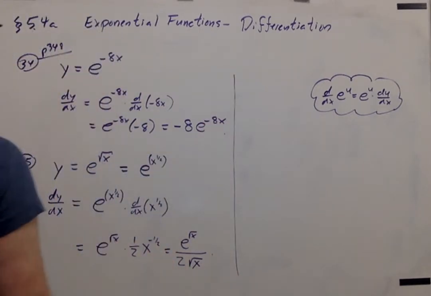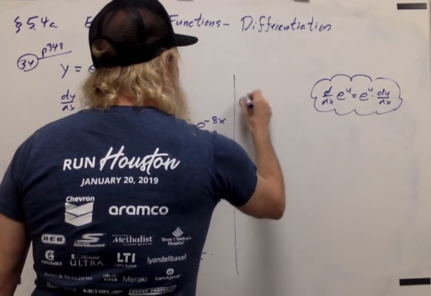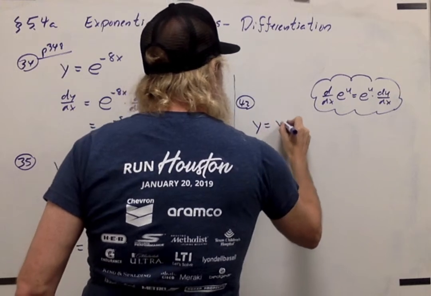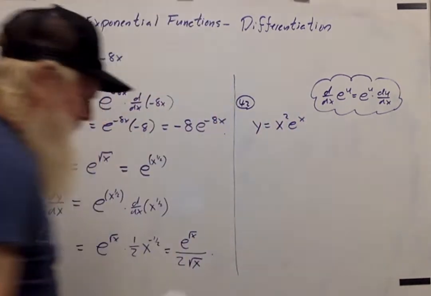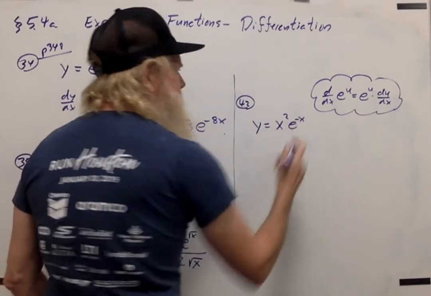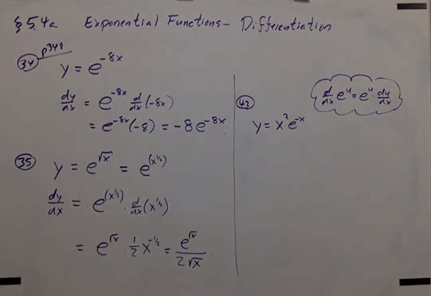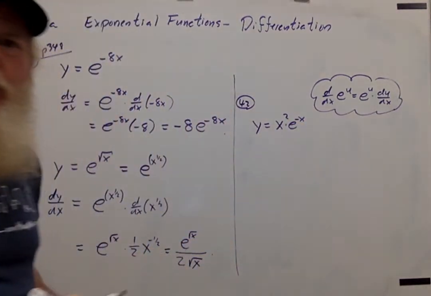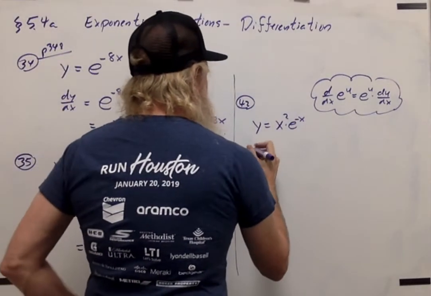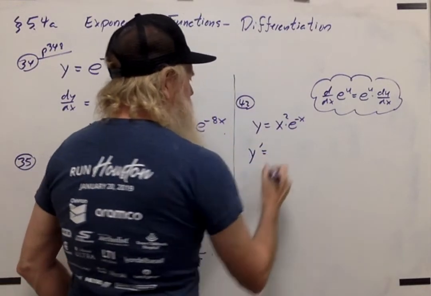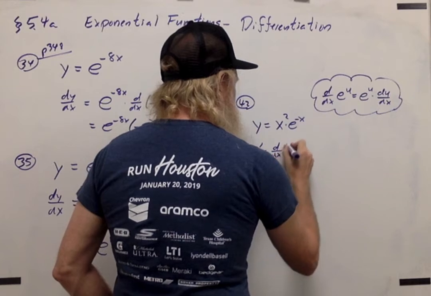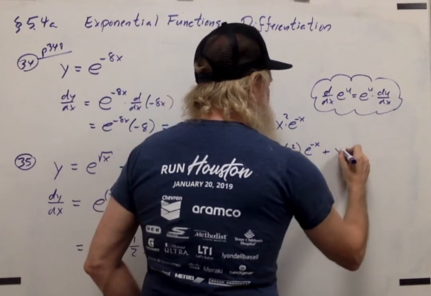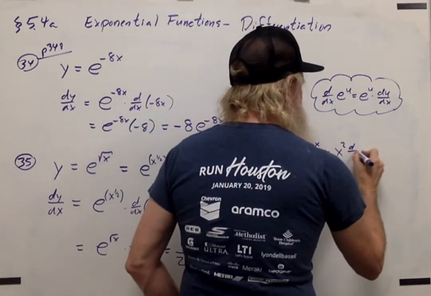For a third example, let's look at problem number 42. In this one, y is equal to x squared times e to the negative x. So for this one, since the x squared is being multiplied by the exponential, I'll have to use the product rule. So y prime will be the derivative of the first times the second plus the first times the derivative of the second.